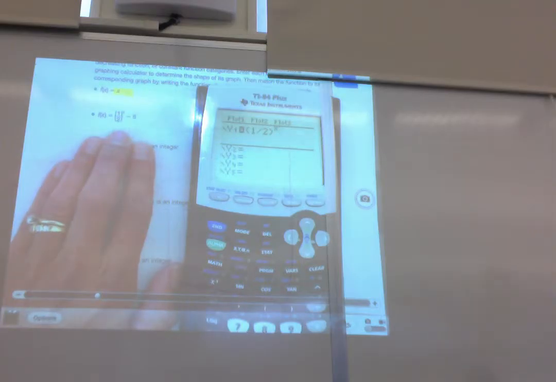Can you help Mr. Craig? Okay, so again, the caret is right here, and the x is up.